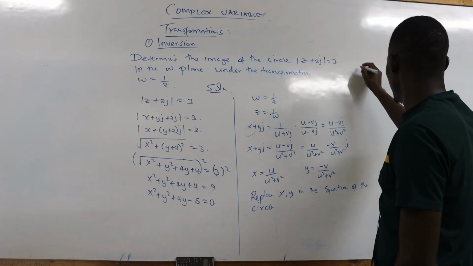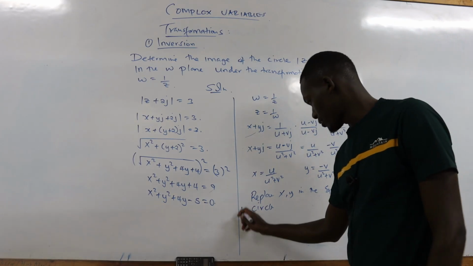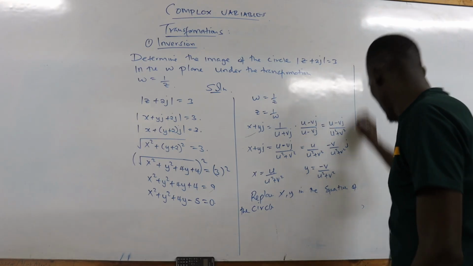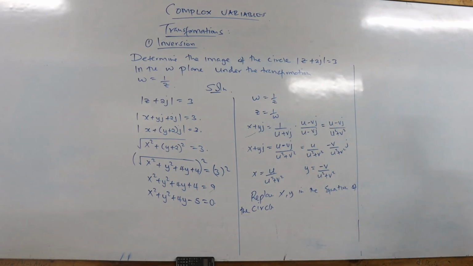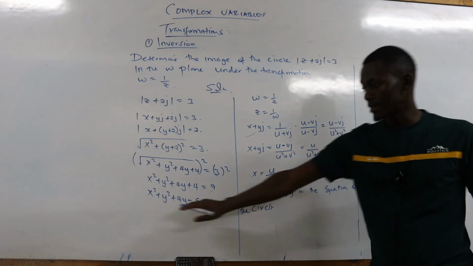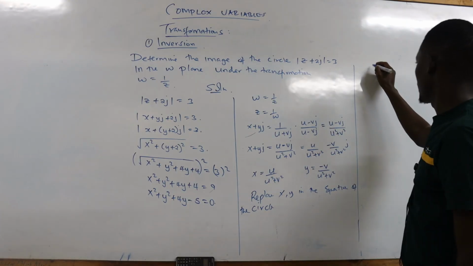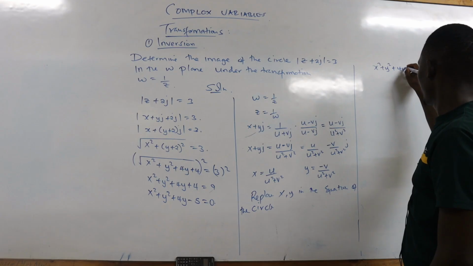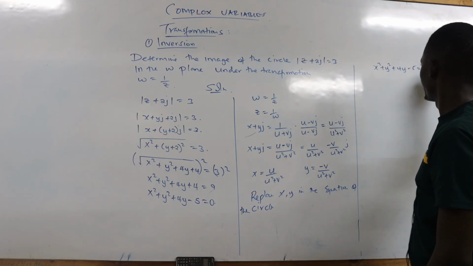So now replacing x and y here. Let me just rewrite it here: x squared plus y squared plus 4y minus 5 equals 0.